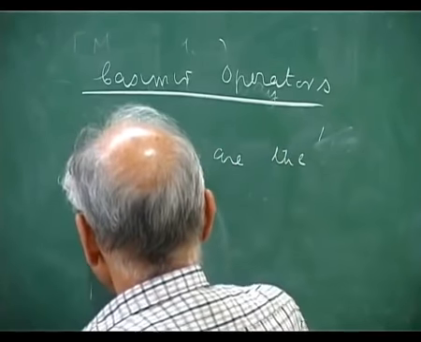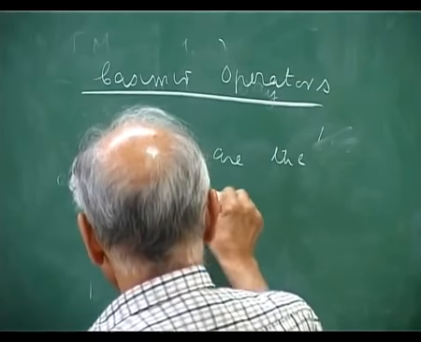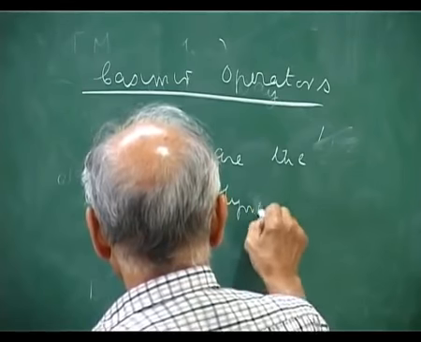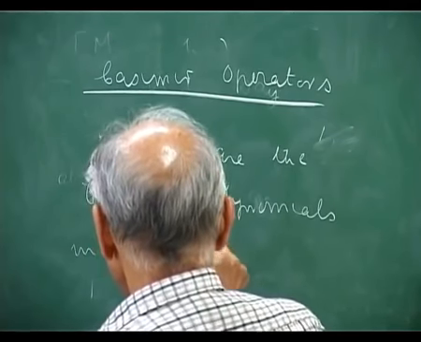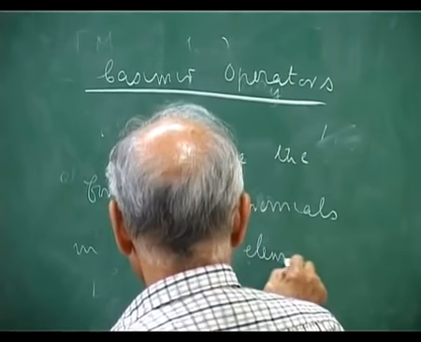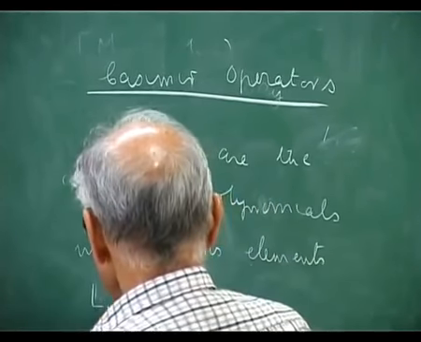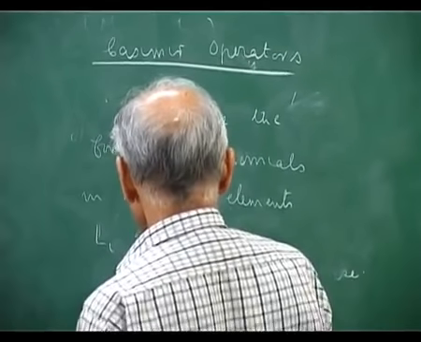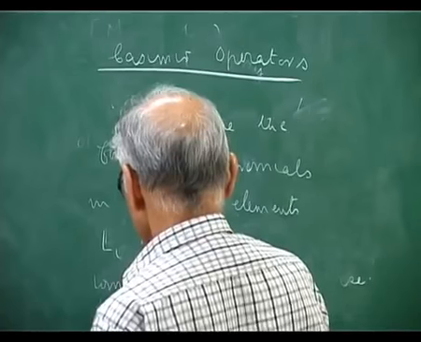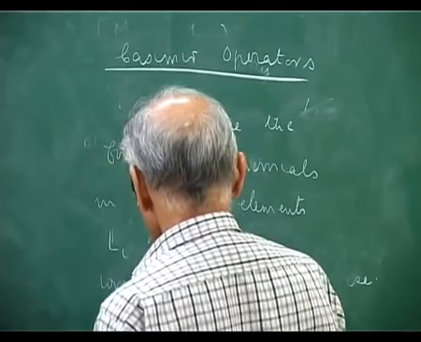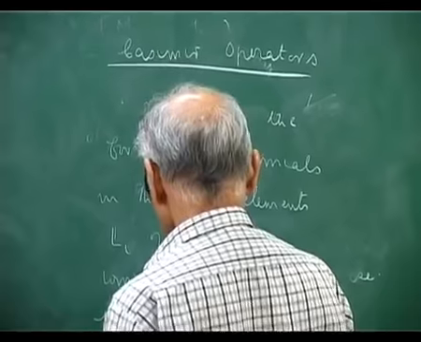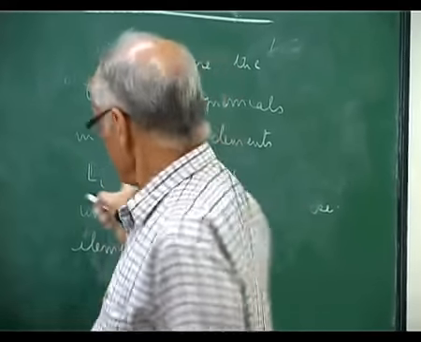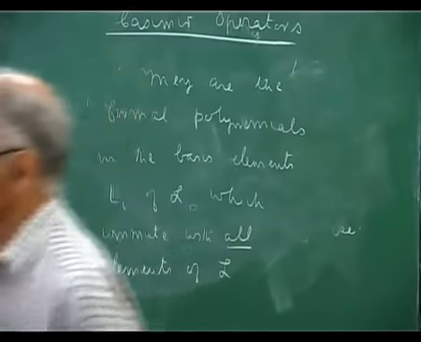I am giving you a quick definition: polynomials in the basis elements Li of L which commute with all elements of L. I will indicate a better way of saying it, but this is not unfamiliar to you.